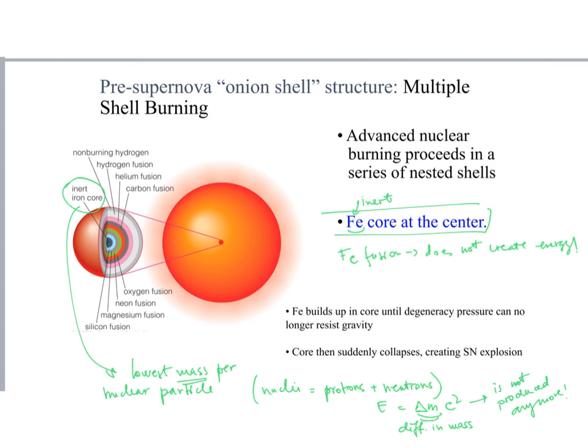And so iron will start building up in a core, and that's going to happen until the degeneracy pressure, about which we learned in the previous chapter, when we talked about the brown dwarfs, will no longer be able to resist the gravity.